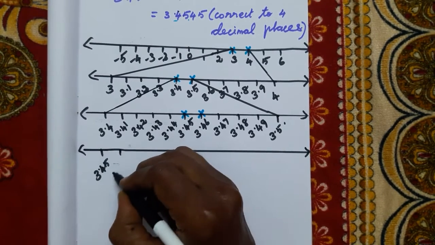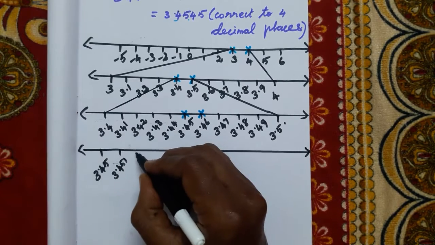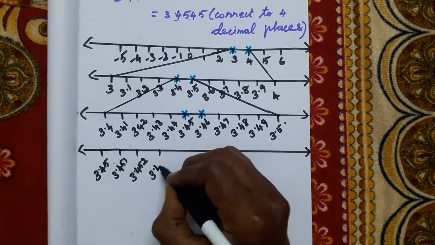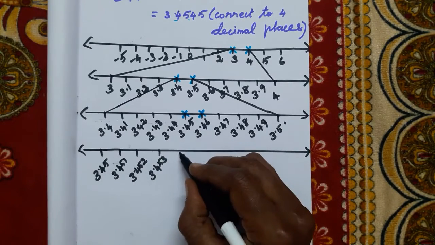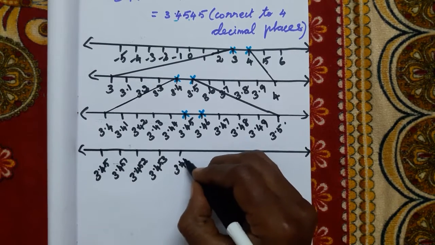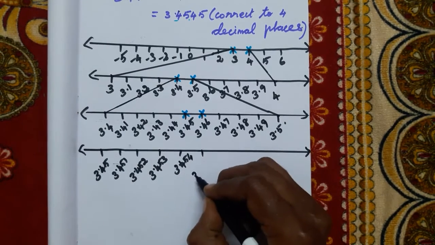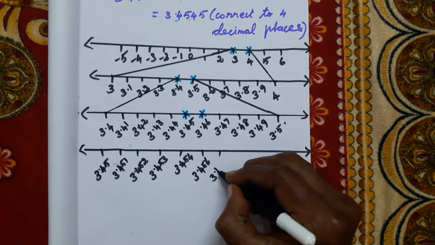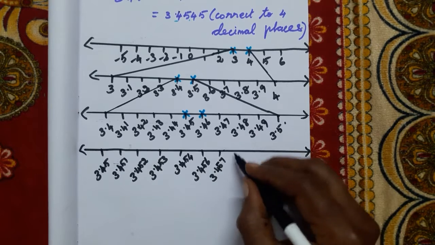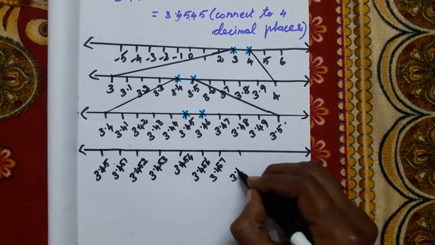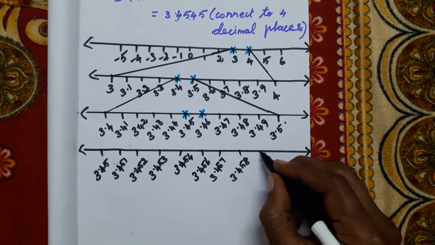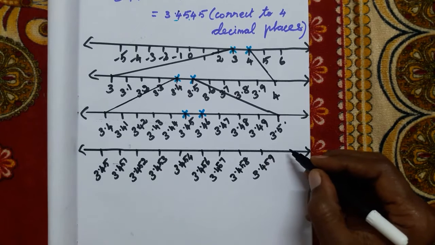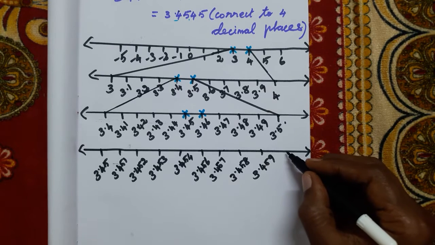After 3.45, 3.451, 3.452, 3.453, 3.454, 3.455, 3.456, 3.457, 3.458, 3.459, after that 3.46.